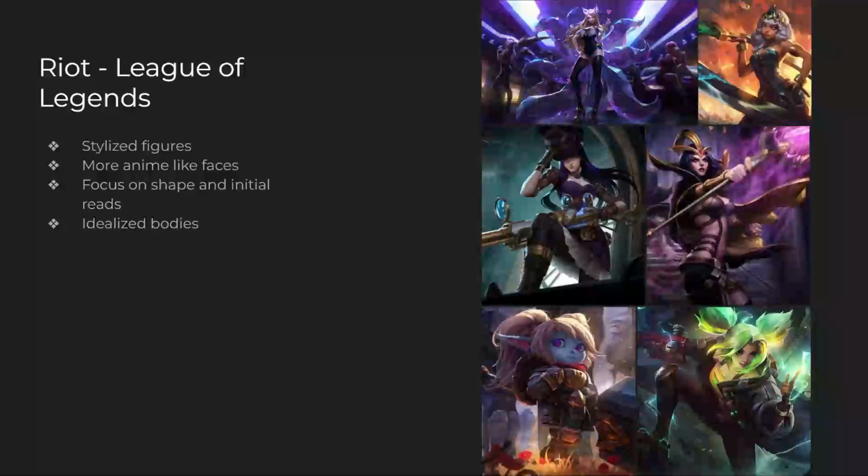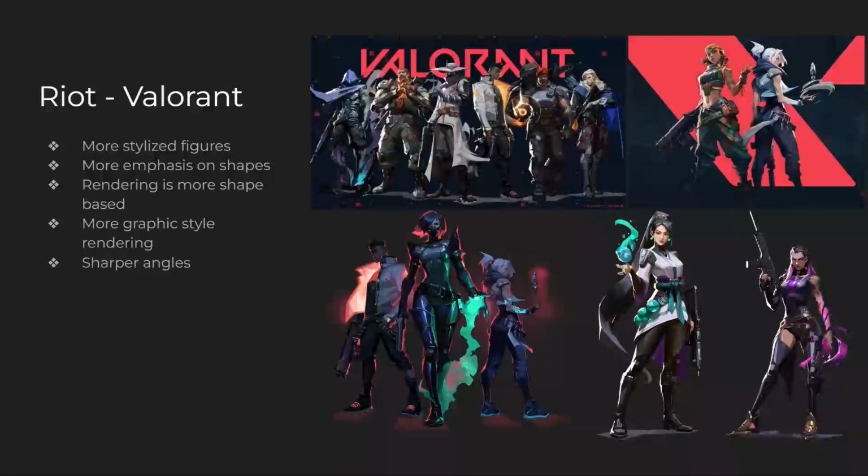On the other hand, you have Valorant, which is another Riot IP, and as you can see, it's very different from League of Legends because these figures focus more on shape-based design. They're a little bit more stylized than League's, and they also have this signature shading style that breaks down certain planes of their agents into blocky rendering shapes, which is what Valorant is mostly known for in their PR.